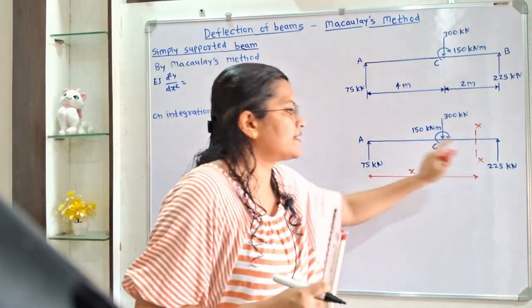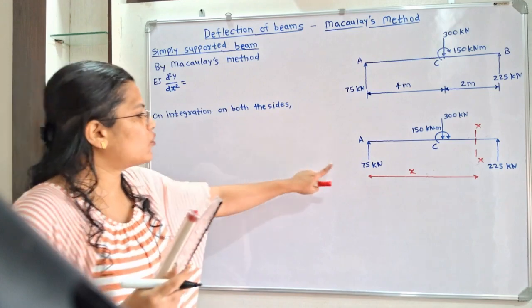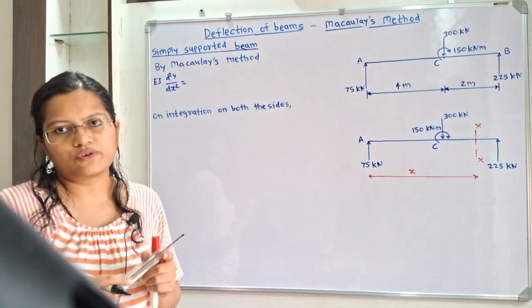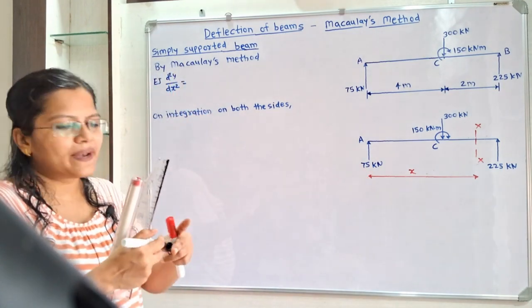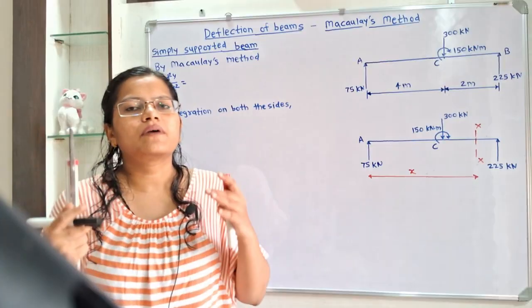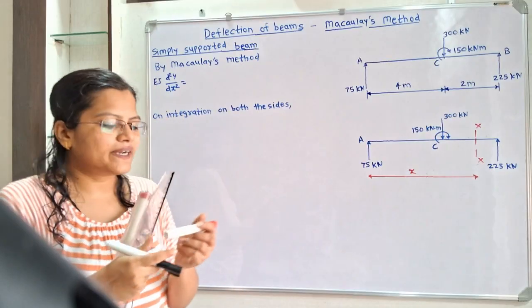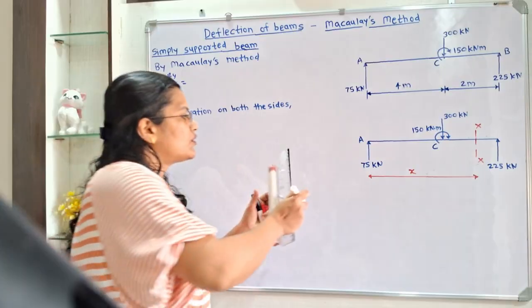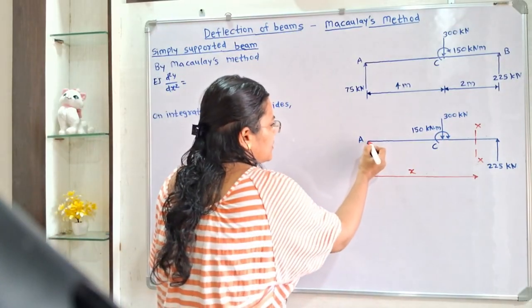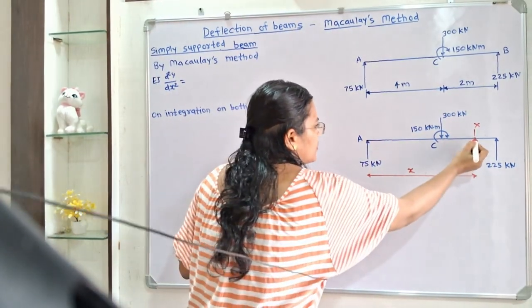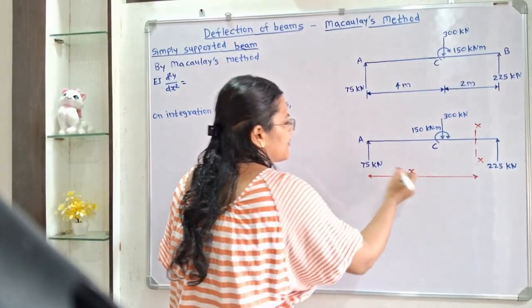at the section XX. So first, the point load is 75 kilonewton. When we apply the moment, that is force multiplied by the perpendicular distance. So here the perpendicular distance between this 75 kilonewton and this section XX is x.